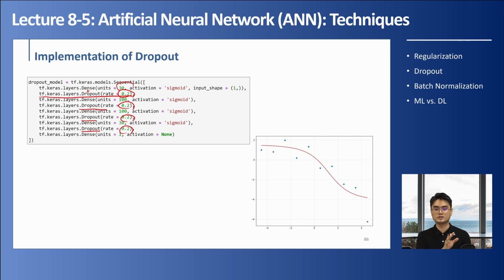Out of 30 units, 20% of them will be dropped out, and so on. That's everything you need to do if you want to implement this dropout layer. It's very convenient. Everything is already implemented very well in Keras.